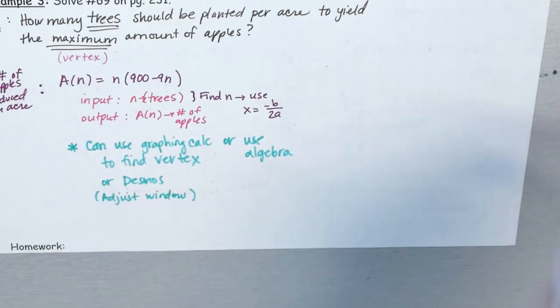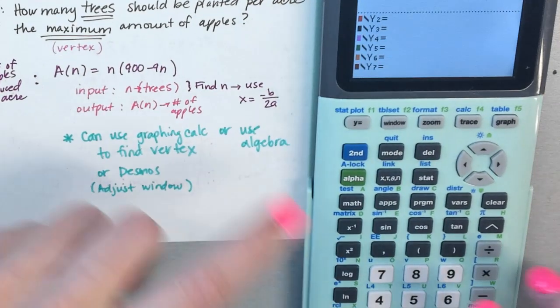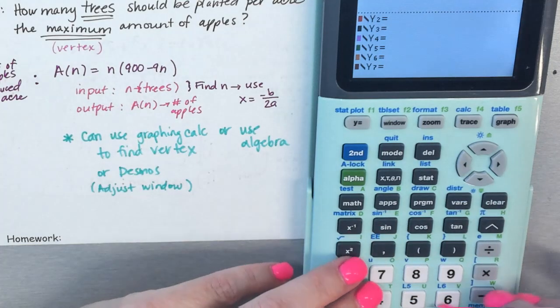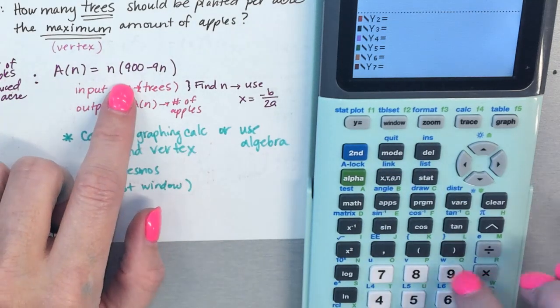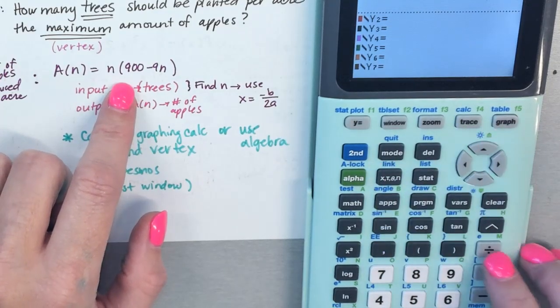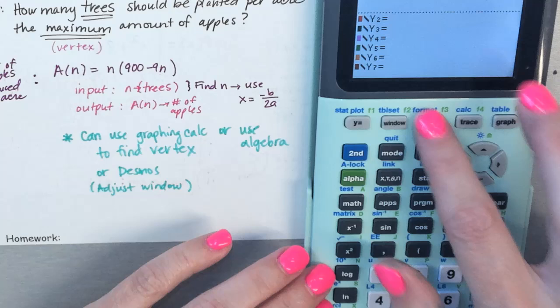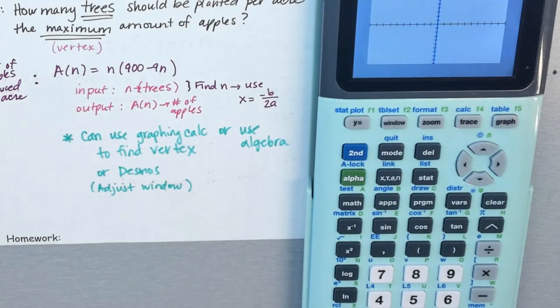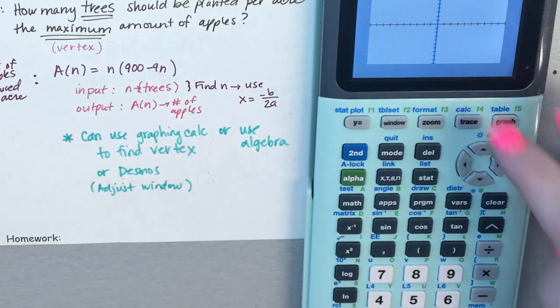Okay, so the first thing we could do is we could graph this. And to graph it, you don't even need to multiply. You would just do x times 900 minus 9x here. I'm in a different window, and here I wouldn't be able to see it. I can see the line here.